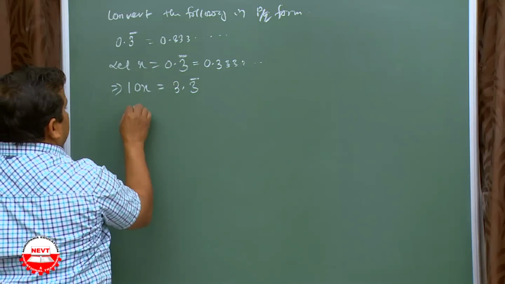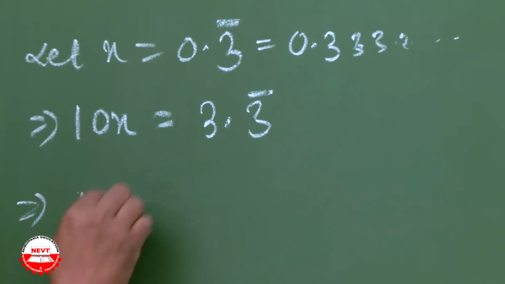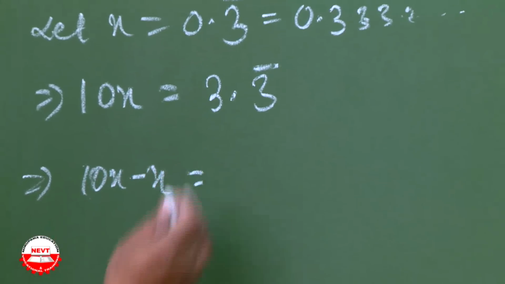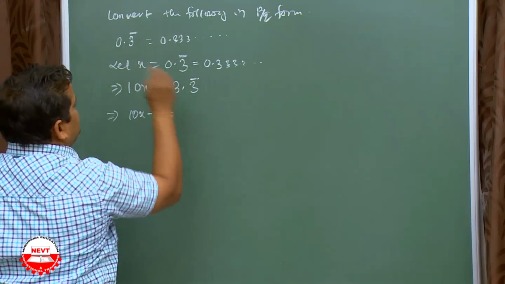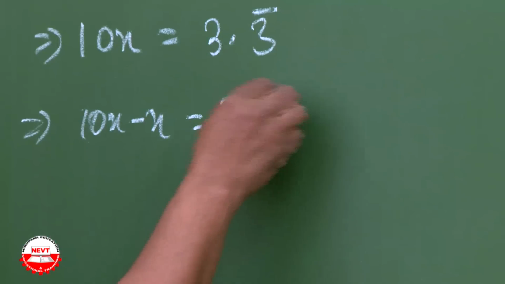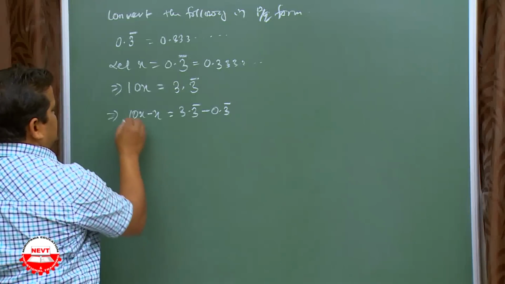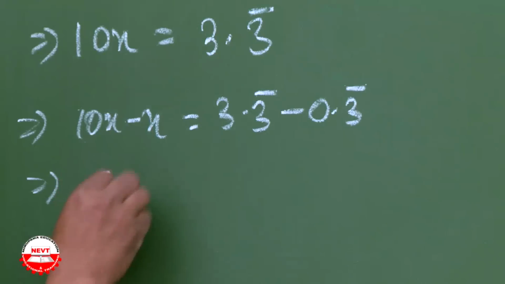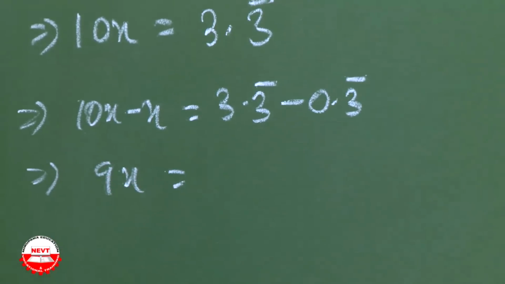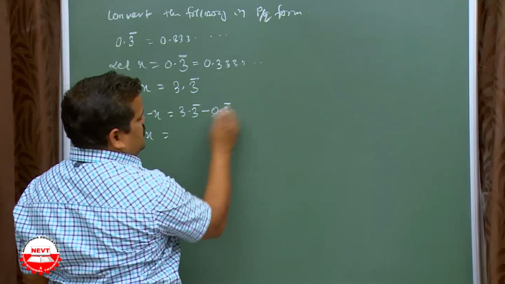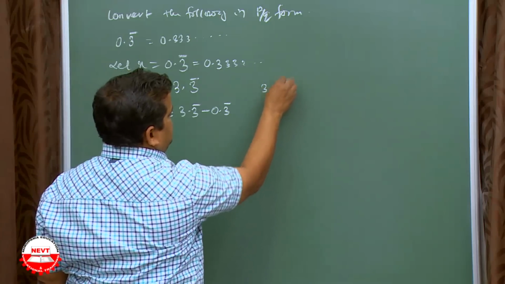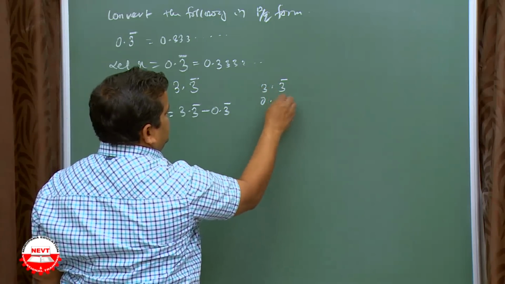10x minus x is 3.3 bar minus 0.3 bar. That means 9x is equal to 3.3 bar minus 0.3 bar. Just look here.